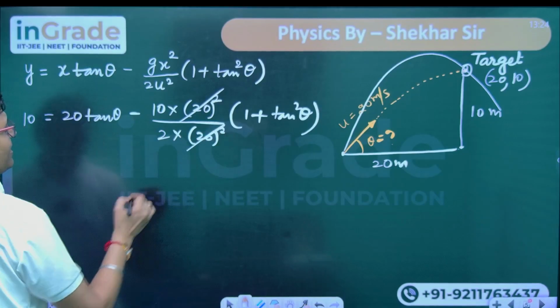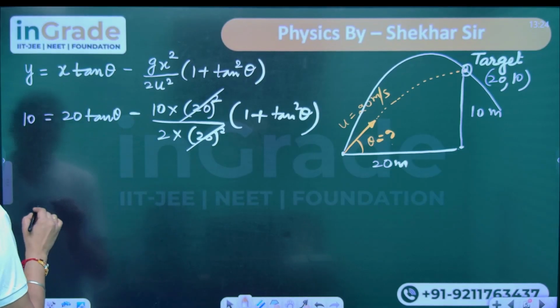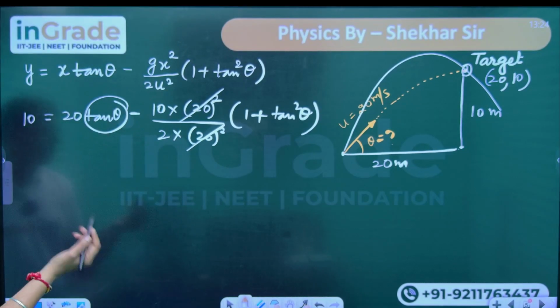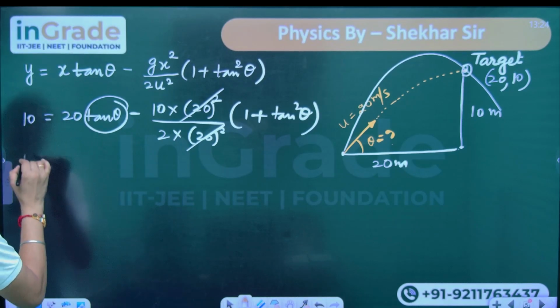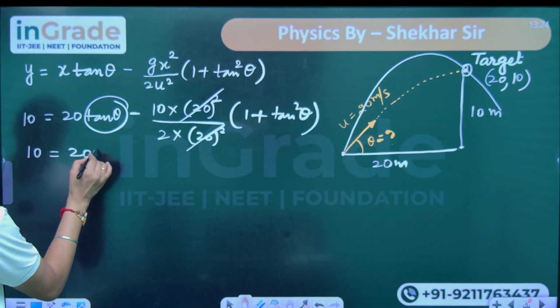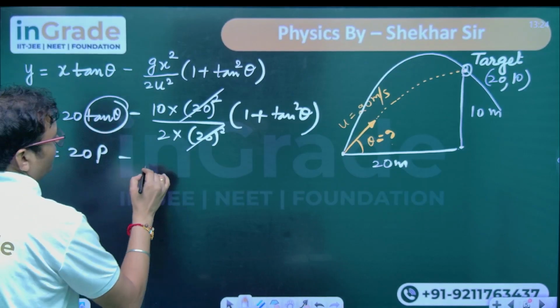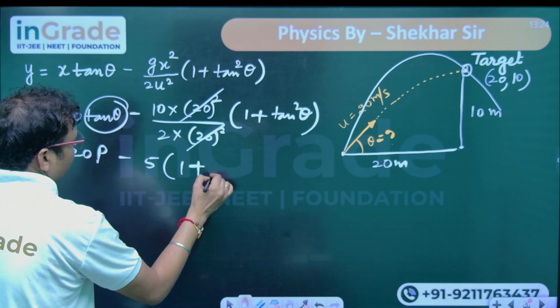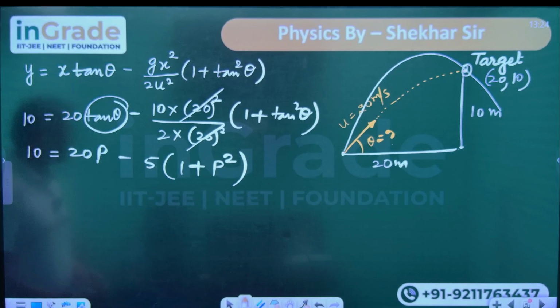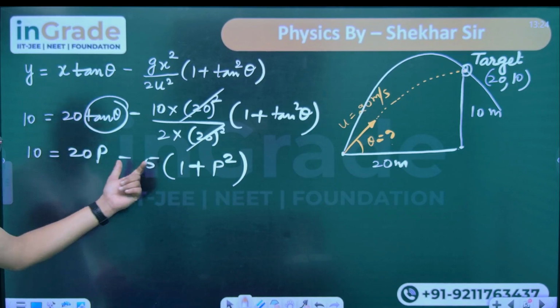This 20 square will get cancelled out with this 20 square. If we take tan theta as some other variable p, we can say 10 is equal to 20p minus 5 (1 plus p square). The objective is to find out the value of p. It is a quadratic equation.